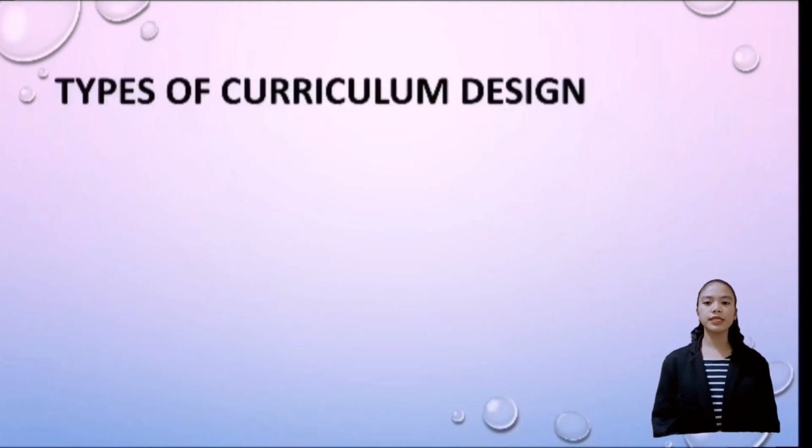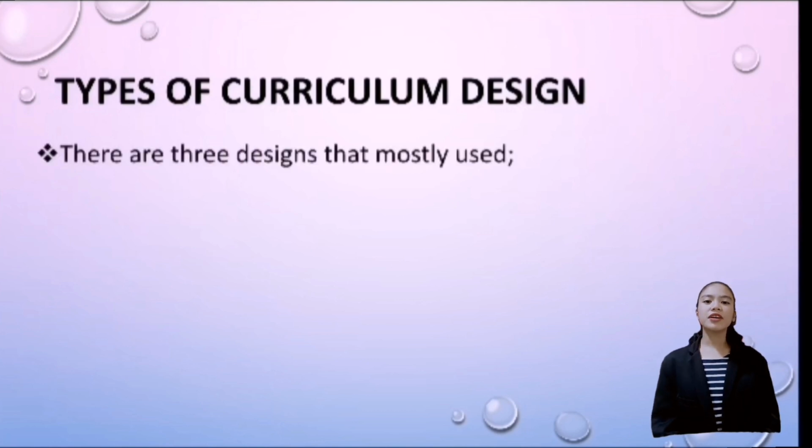Now, let's proceed to our main topic, which is the types of curriculum design. There are many ways of looking at curriculum and designing one. For our purposes, let us focus on the most widely used examples. There are three designs that are mostly used. The majority of curricula used in schools are organized in terms of subject.